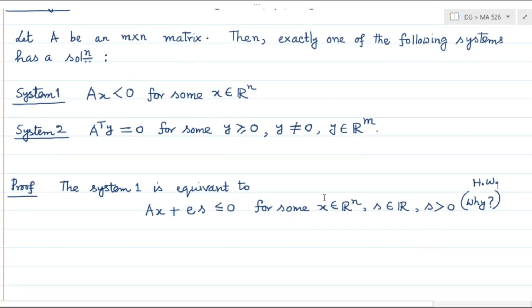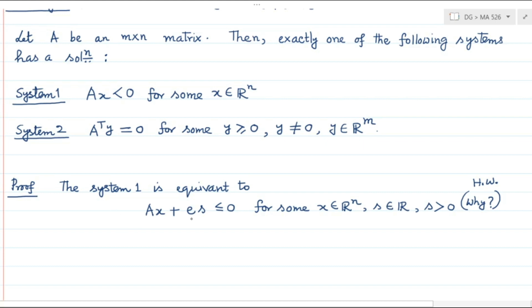Fine. Here you note that A has m many components. This Ax less than or equal to 0 eventually has m many components. Is it not that a1 transpose x less than 0, a2 transpose x less than 0, a3 transpose x less than 0, till am transpose x less than 0, fine. And to each and every inequality you keep on adding s1, s2, s3, until sm, and you define this s as the minimum of s1, s2, till sm, and you will find that system 1 is equivalent to Ax plus es is less than or equal to 0, fine.